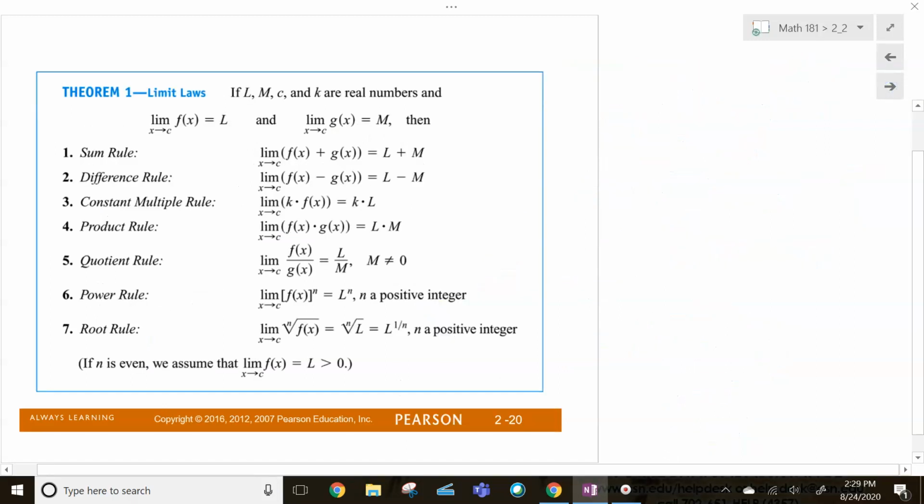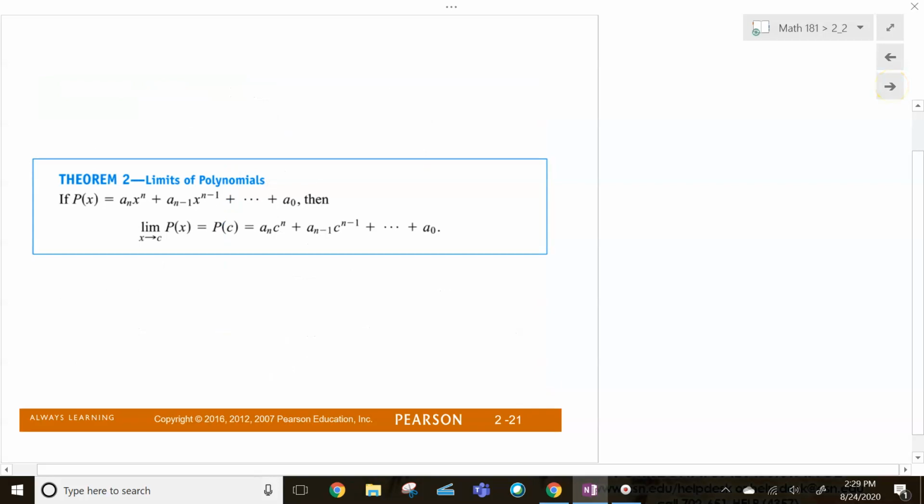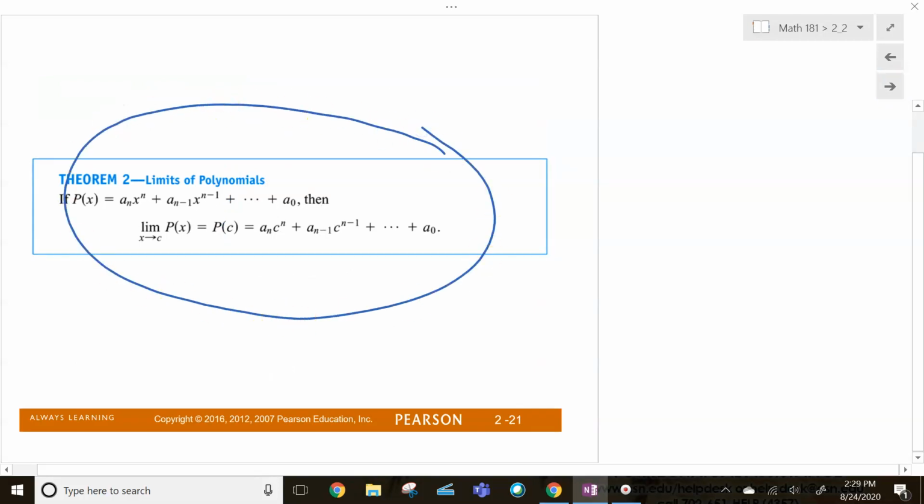Now here are your limit laws. The limit as x approaches c of f of x plus g of x: if this limit is L and that limit is M, the overall limit just ends up being L plus M. And you can read through the rest of those rules for limit laws. Now polynomials, as I mentioned with that quadratic, are smooth and continuous.